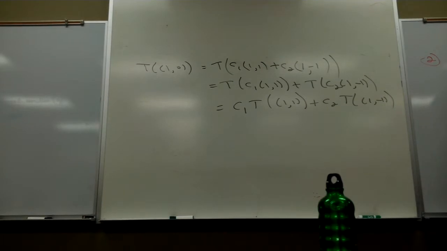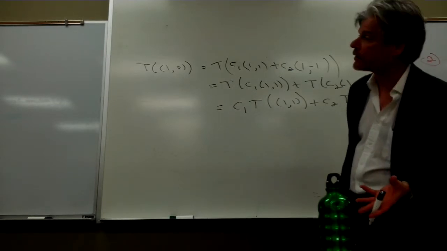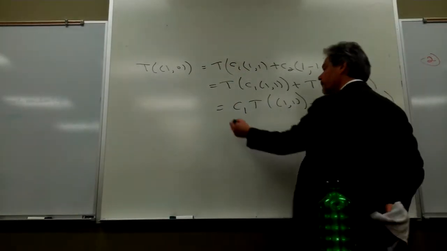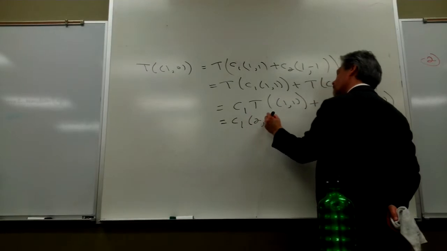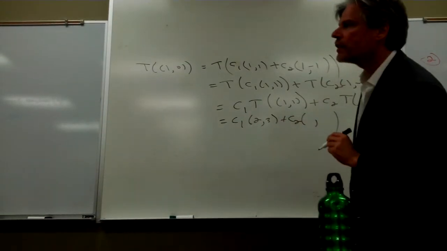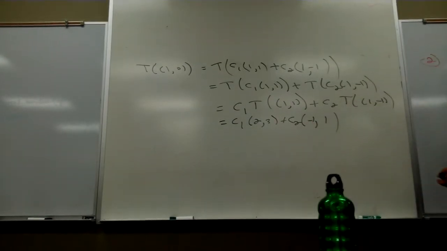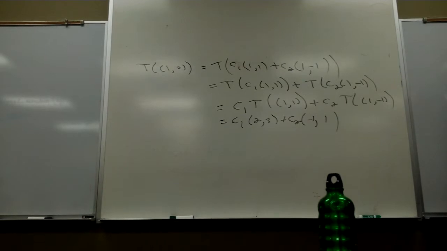By the way, the transformation of 1, 1 was explicitly given, there it is over there, as 2, 3. Likewise, the transformation of V2 is given as -1, 1.